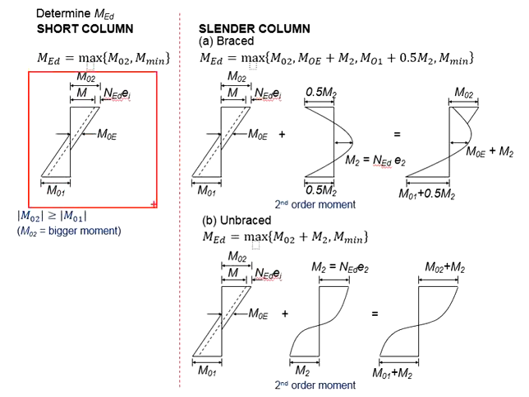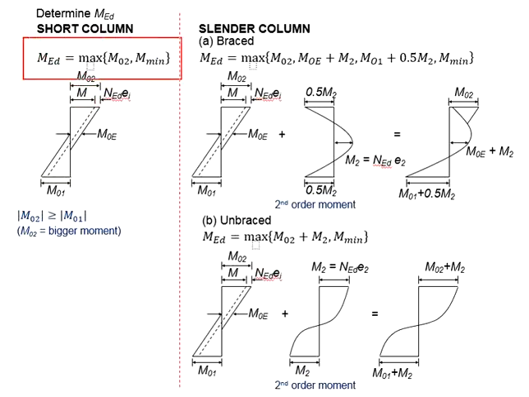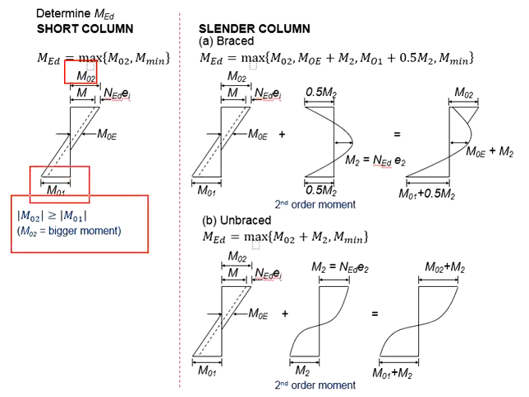Sketch the stress diagram, label the components, and then you can work out the equations to determine the MEd. First, you will need to determine the M02. M02 is the bigger moment of the two moments acting at both ends of the column.